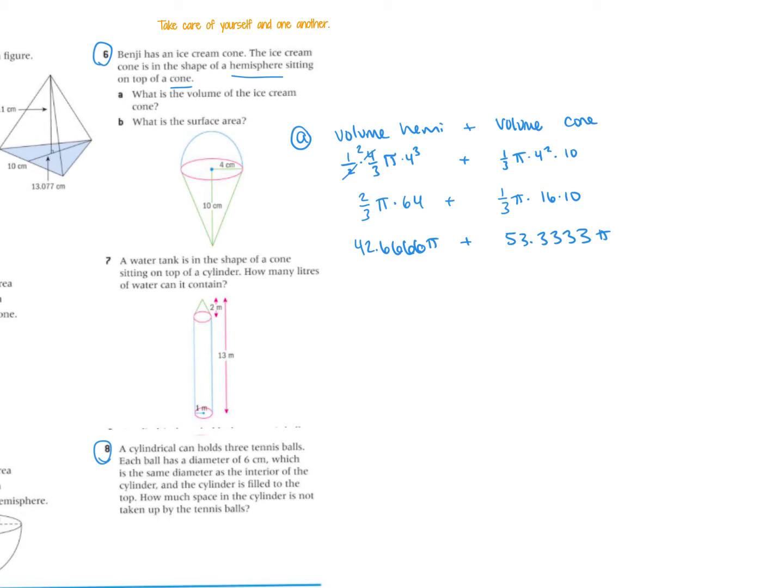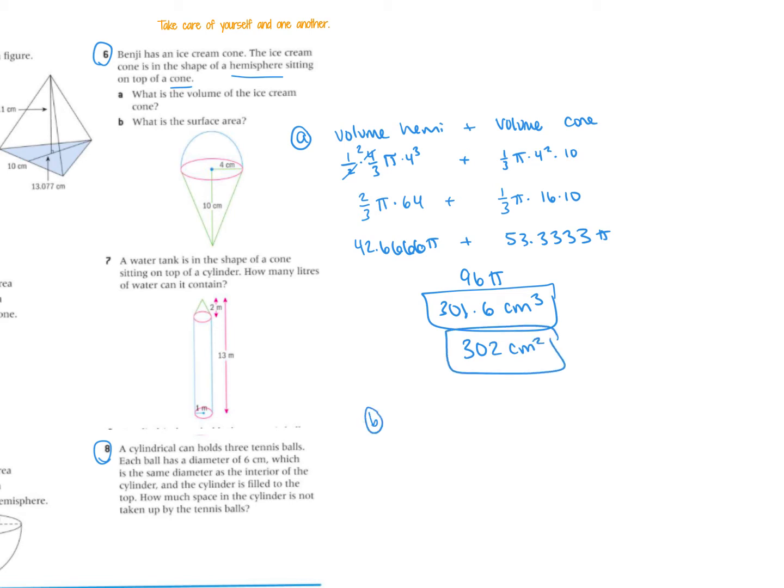So now if I add those up, I get 96 pi, which is 301.6 centimeters cubed. And if we round to 3 significant figures, it would be 302 centimeters cubed.